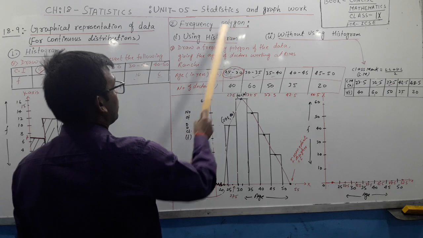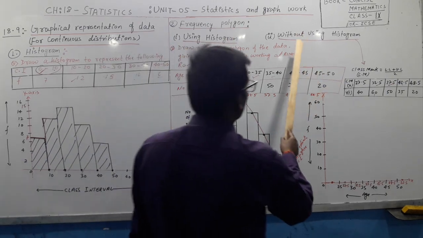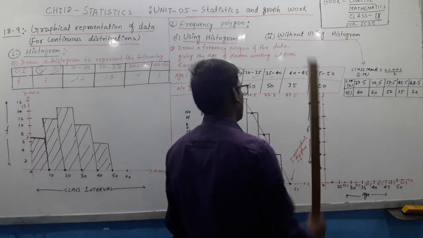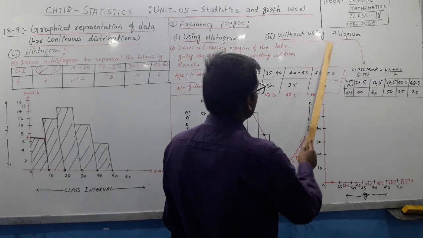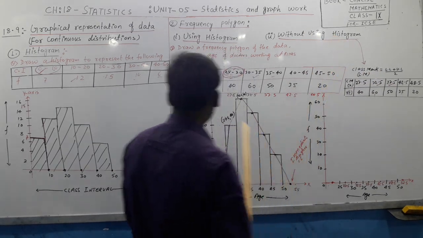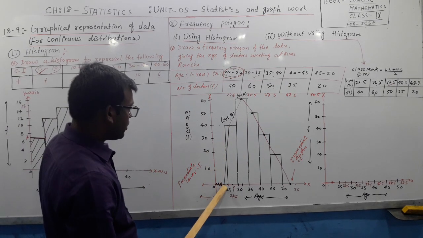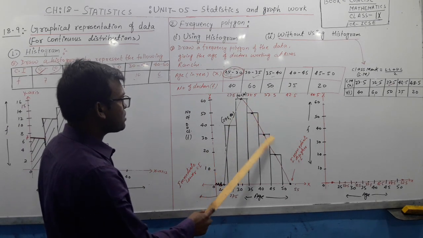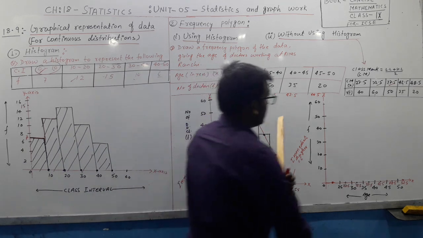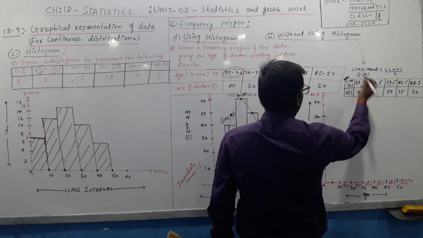After the frequency polygon using the histogram, we have one more topic, that is without using the histogram. That means you don't draw this part. Just draw the vertex points, this point, this point, this point. We have already calculated here.